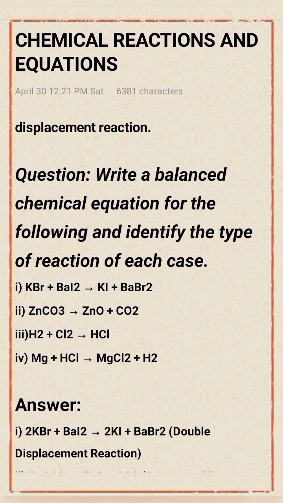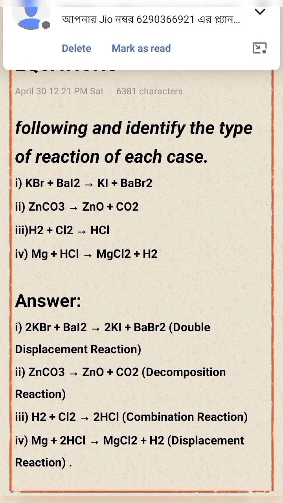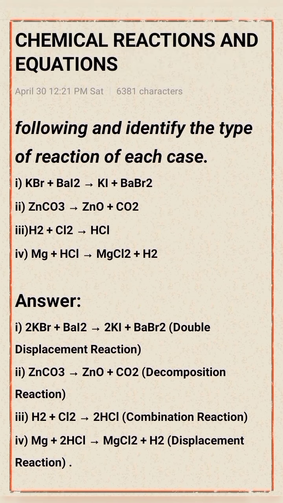Next equation, number 3: H2 plus Cl2 form HCl. The balanced equation is H2 plus Cl2 product 2HCl. This type of reaction is a combination reaction.